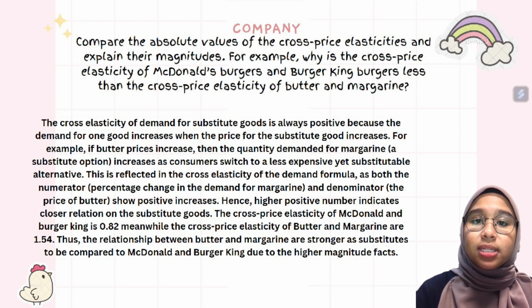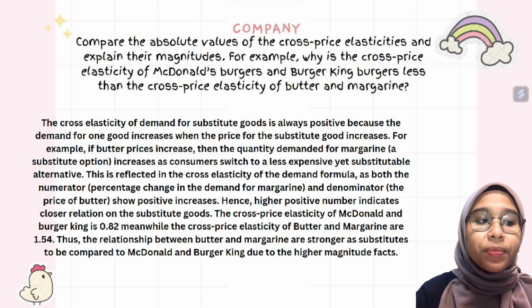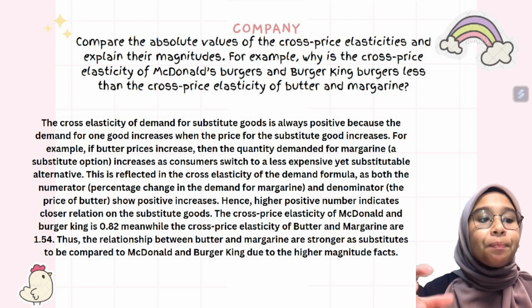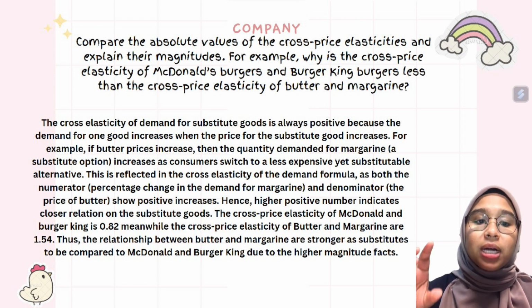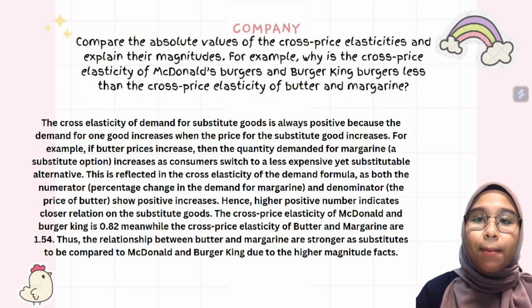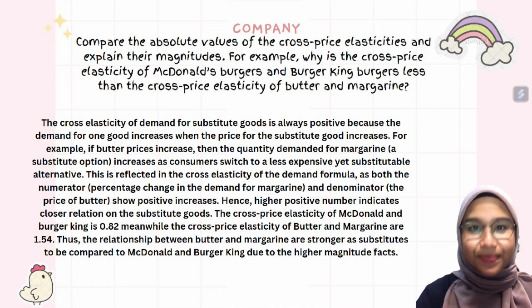Meanwhile, the cross price elasticity for butter and margarine is 1.54. So, what we are trying to show here is that butter and margarine have a stronger relationship as substitute goods compared with McDonald's and Burger King because the cross price elasticity is higher.